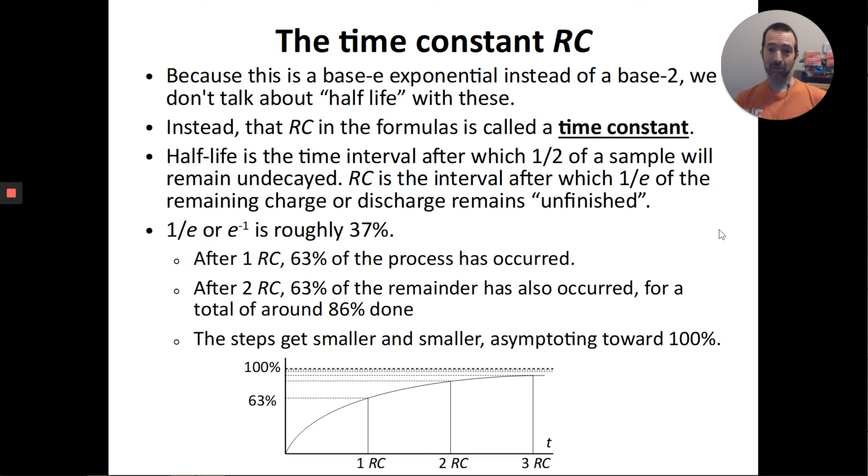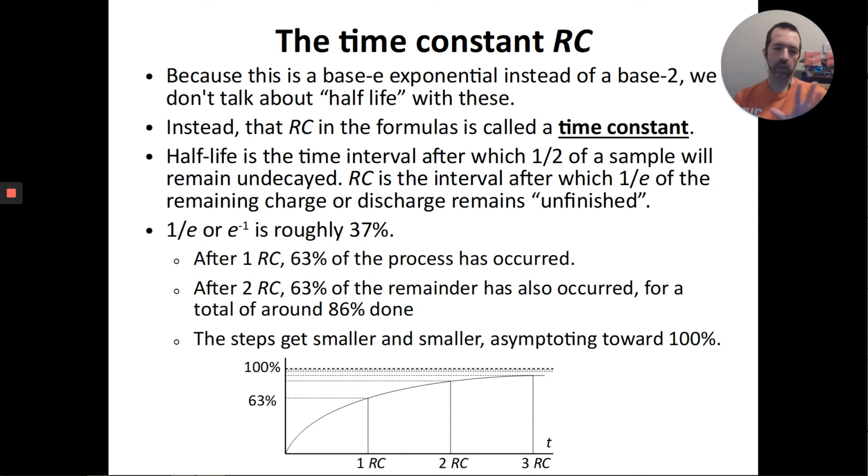Half-life is a lot easier to think about because it's both half has decayed and half remains, whereas here it's that 1 over E remains and 1 minus 1 over E has happened. It's not tidy.